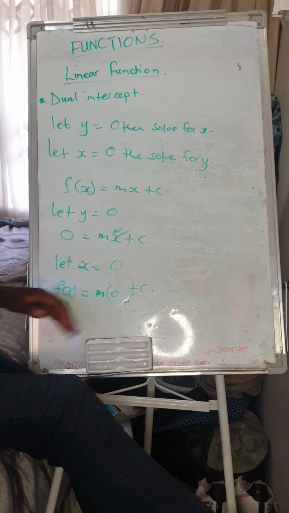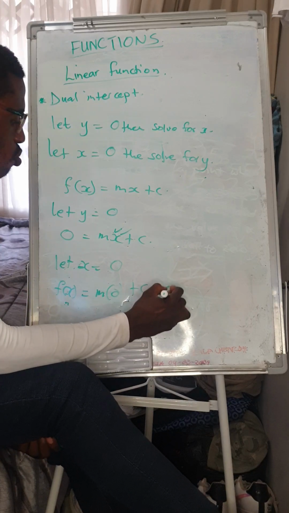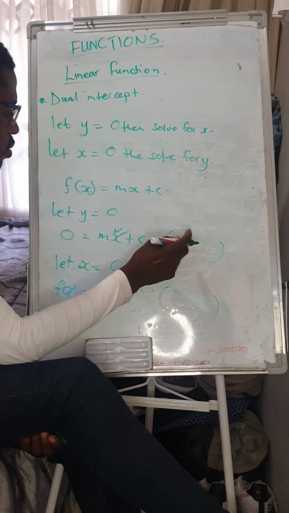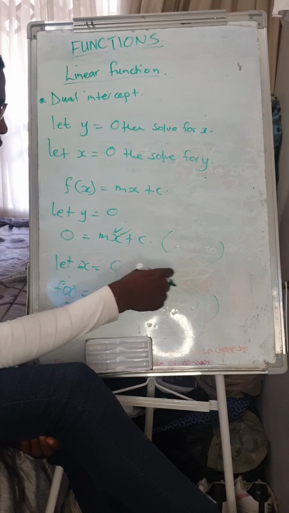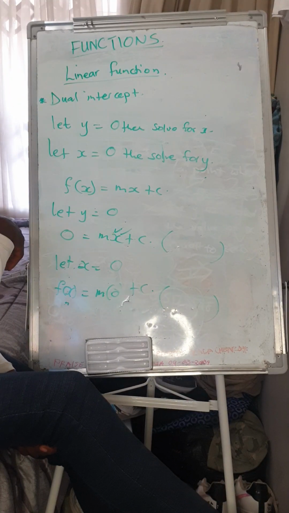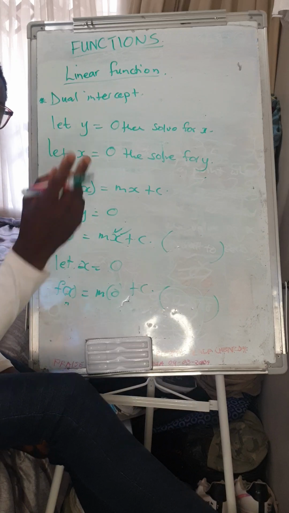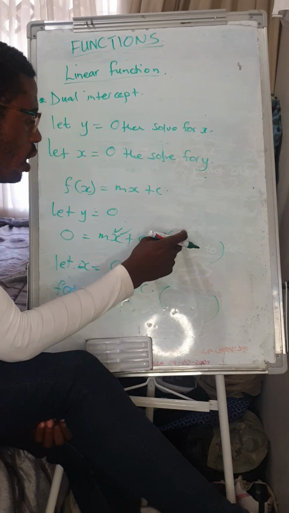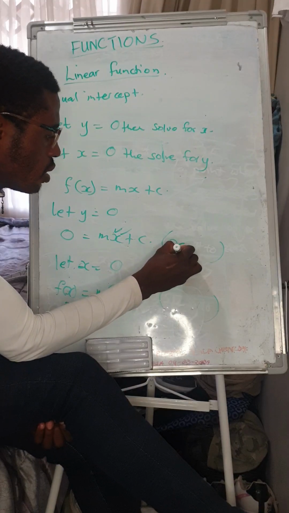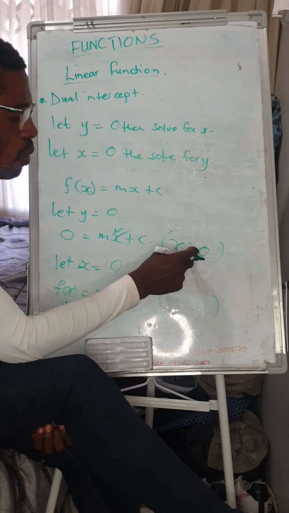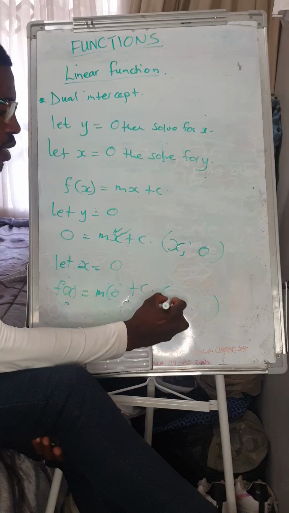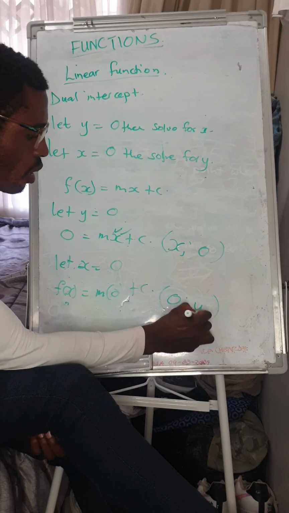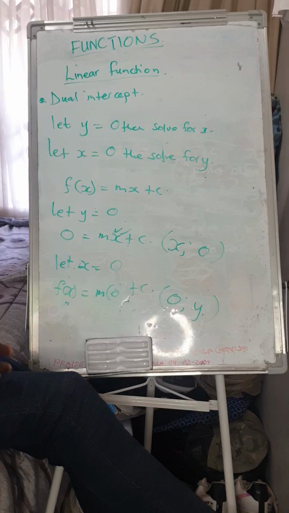But then after that, I now have 2 points here that I need, of which those are the x and y intercepts. Suppose it's x, 0, this is the x intercept, and then 0, y, which is the y intercept.